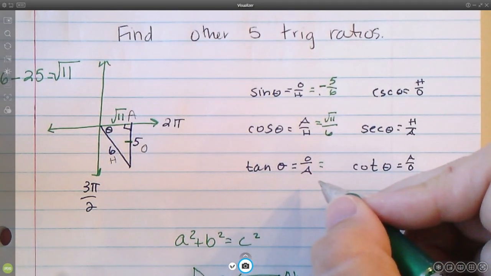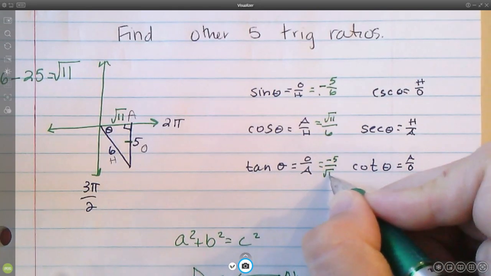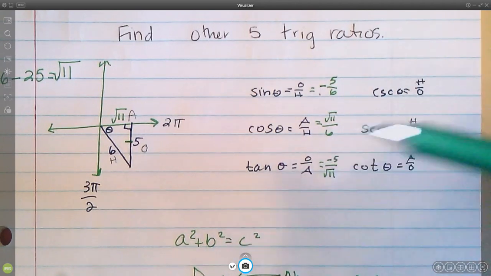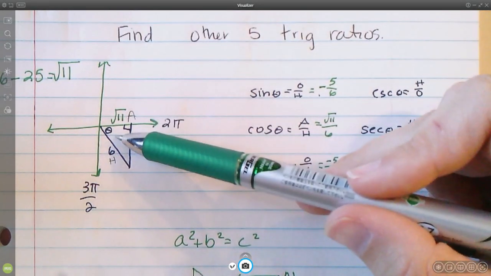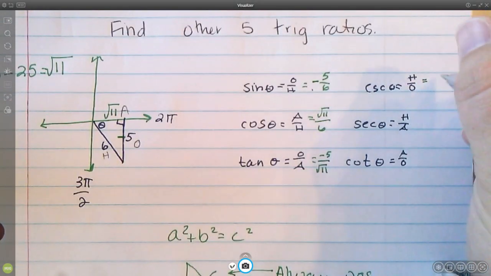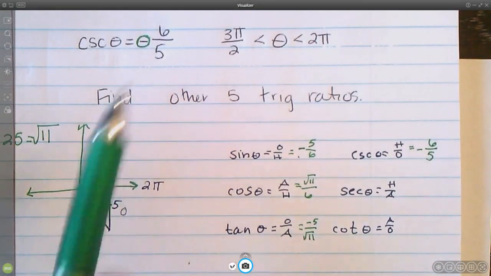Tangent, O over A, is -5 over the square root of 11. Cosecant is H over O, which is 6 over -5. And then you can always put the negative up front. And if we check our work, oh, well, that was the one they gave us, so we were doing something right.